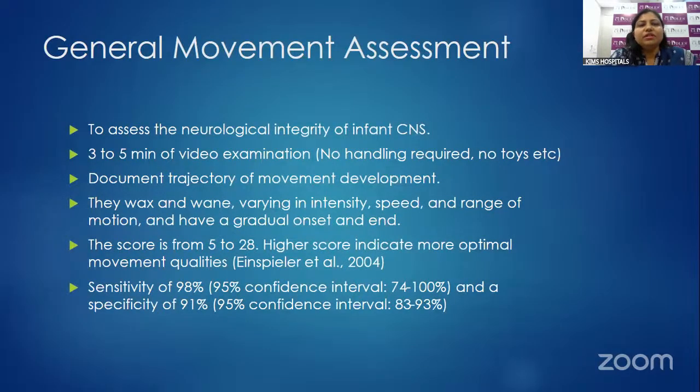Next comes the general movement assessment, to assess the neurological integrity of the infant's central nervous system. It is easy to perform. It takes only 3 to 5 minutes of video examination, and you should not be handling the child.